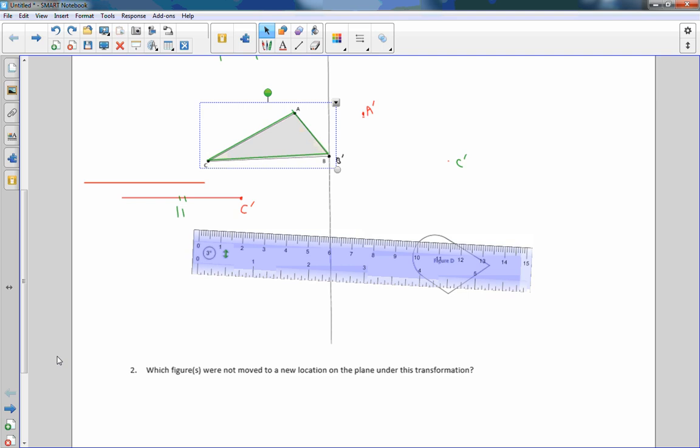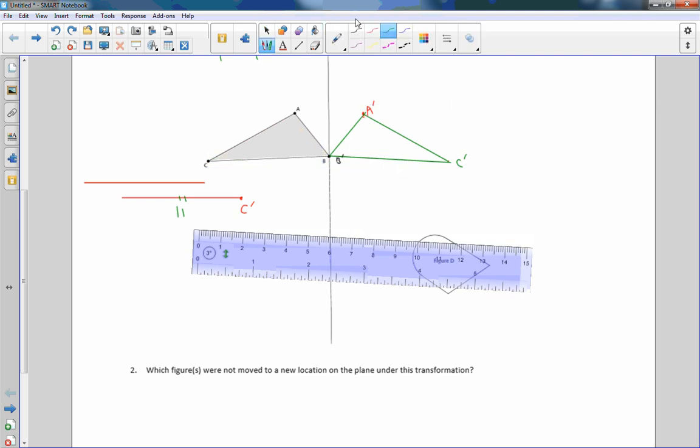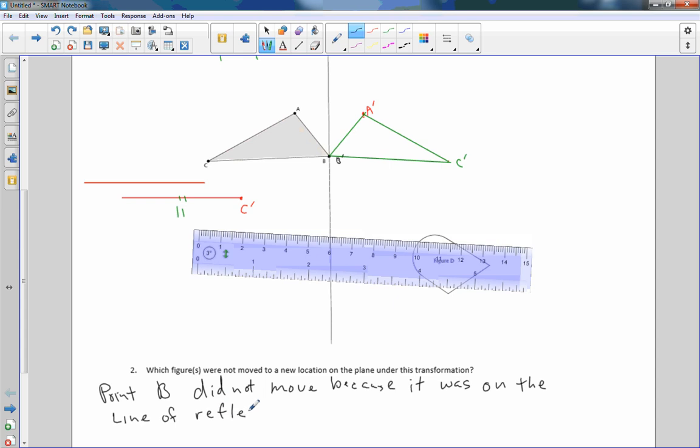Number 2 says, which figures were not moved on the new location on the plane of the transformation? So what did not move in this? Well, A moved to A prime, C moved to C prime, B is right where it was. So point B did not move because it was on the line of reflection.